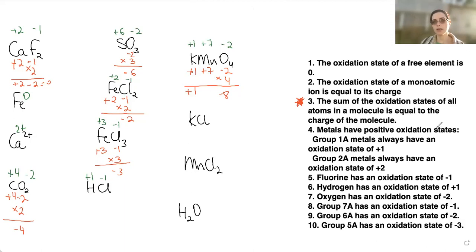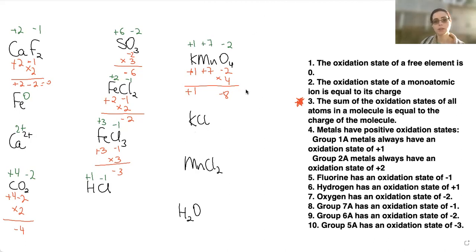Like the rules say, if you do those kinds of problems and you end up with metals having negative oxidation states, you did something wrong. Unless it's some weird exception I don't know about.